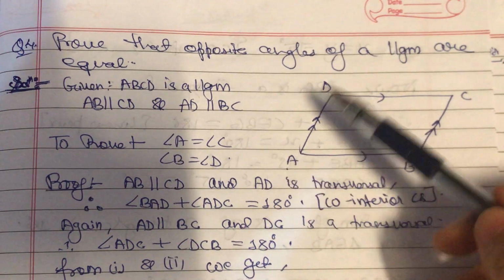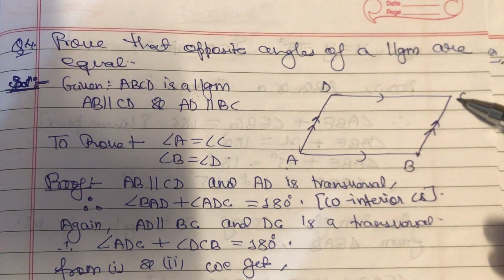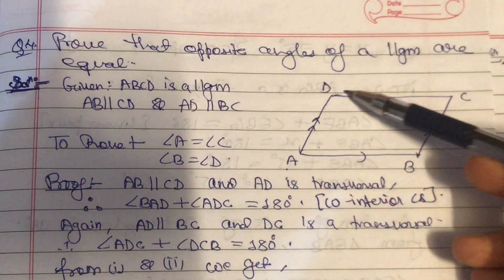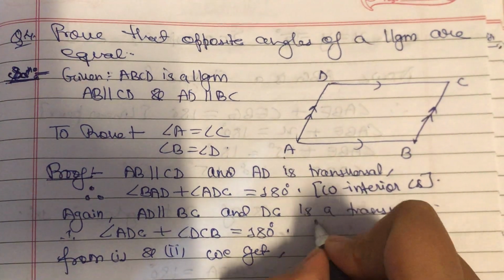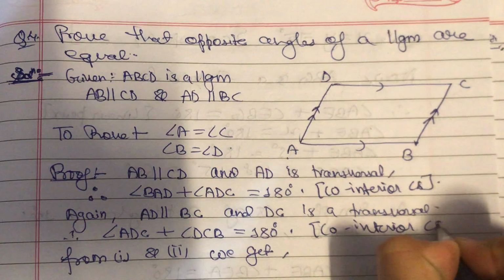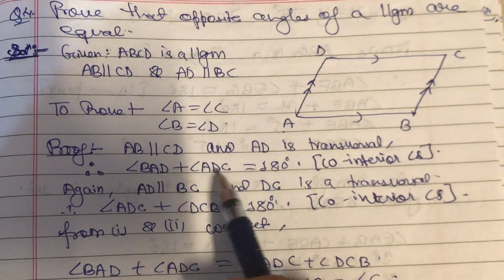Again, AD is parallel to BC and DC is the transversal, then again I can say that ADC plus DCB equals 180 degrees. Why? Co-interior angles.